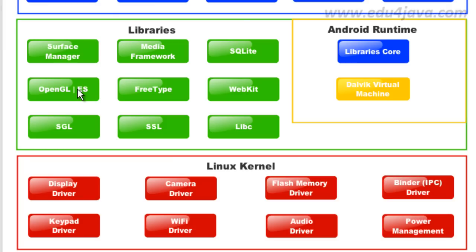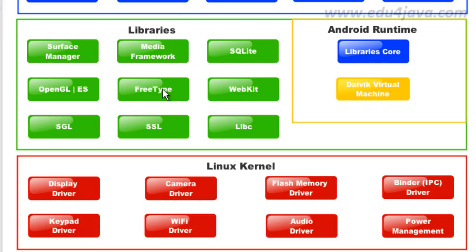This library accepts hardware acceleration if the hardware exists, so you can get really good graphic performance if you have the hardware. Then there is the media library, which has the codecs to run MP3, MPEG4, AAC. It gives us the power to see and get video and pictures. The camera is going to be here too.